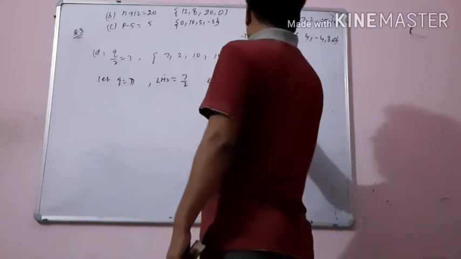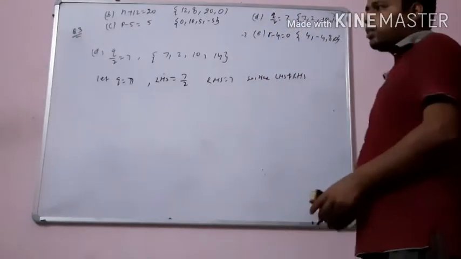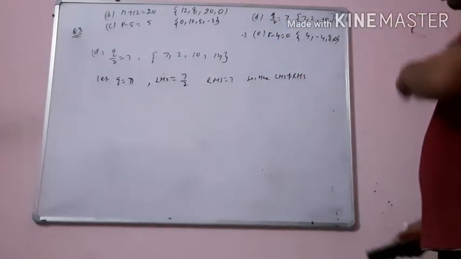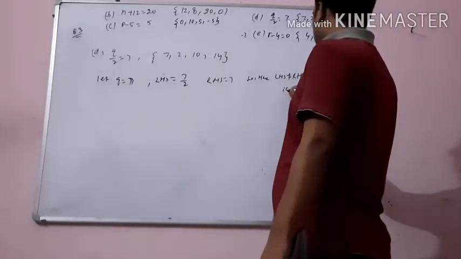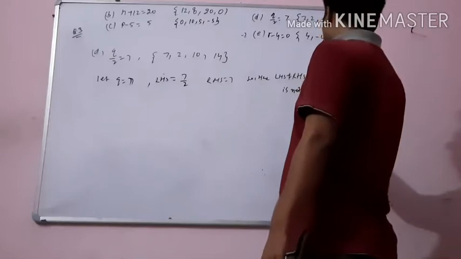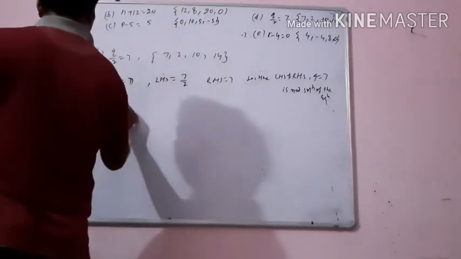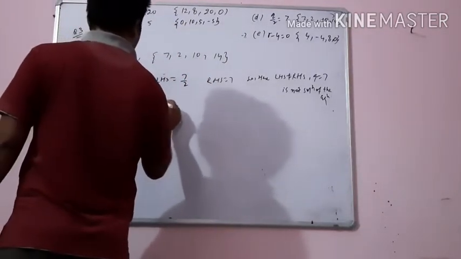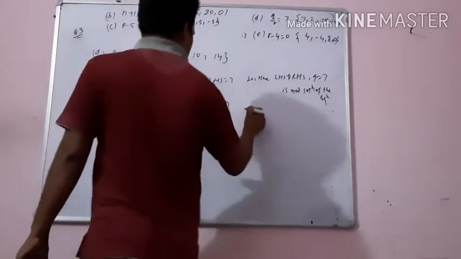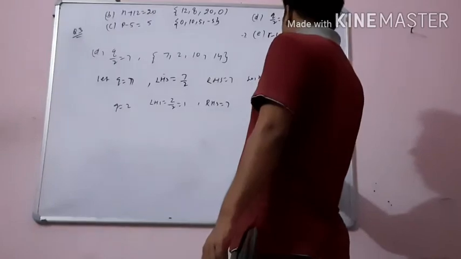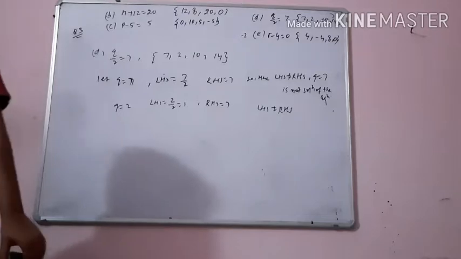So LHS not equals to RHS, so q equals 7 is not a solution of the equation. Similarly, let q equals 2, LHS is 2 upon 2 equals 1, RHS equals 7. Again LHS not equals to RHS, so q equals 2 is not a solution of the equation.